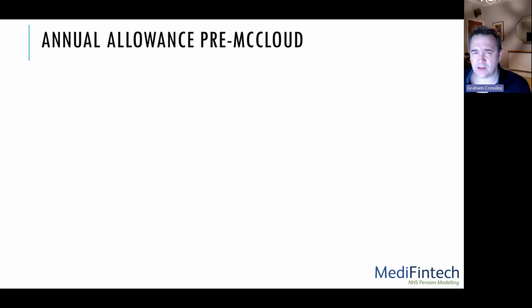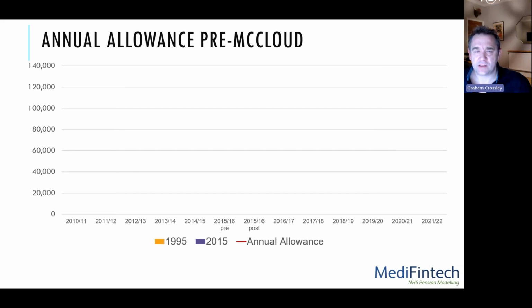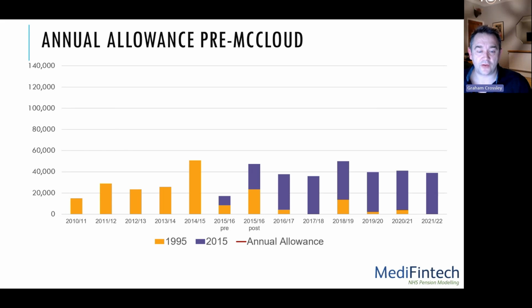So just to give an example of how that could look. This is a typical consultant whereby the pension growth in those gold bars is what happened from the 1995 scheme. So even when we see the 2015 scheme kicking in, those purple bars, there is still growth in the old scheme because of that final salary linking and when increments occur.